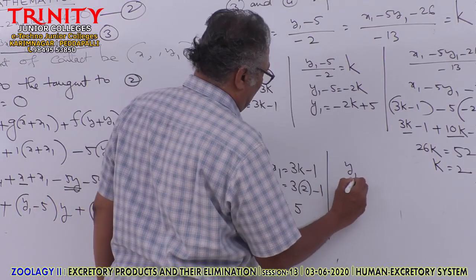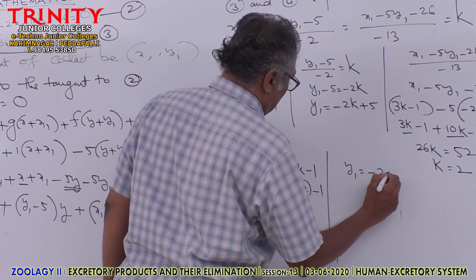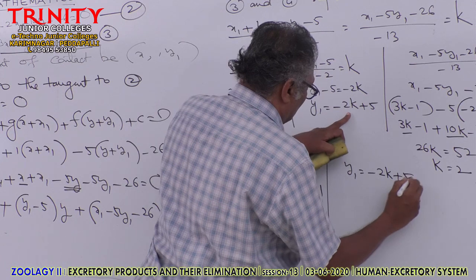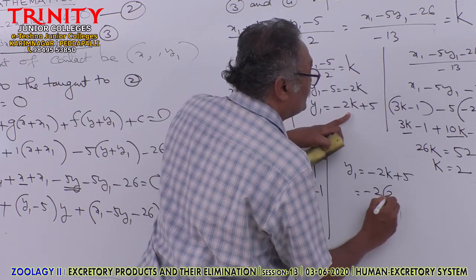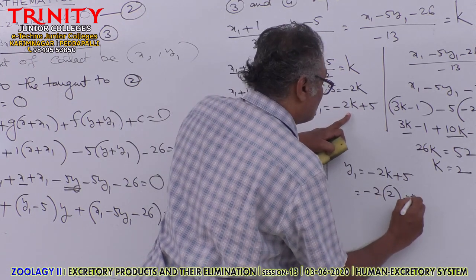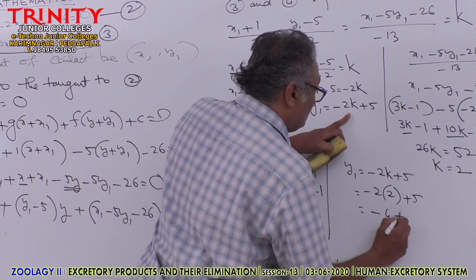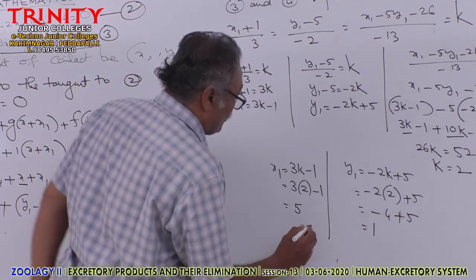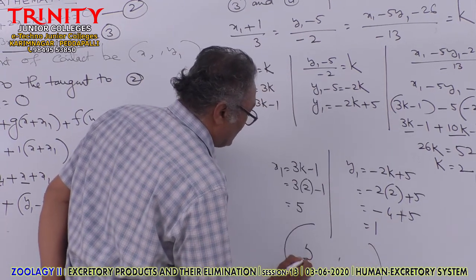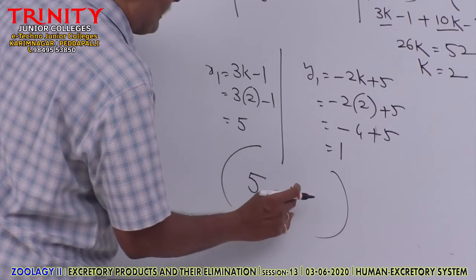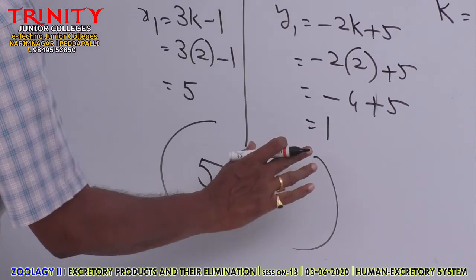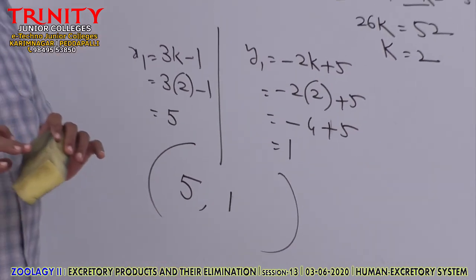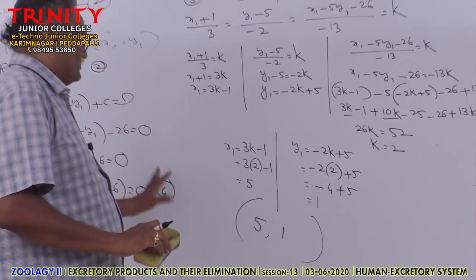Next, y1 = -2k + 5 = -2 times 2 plus 5, that is -4 + 5 = 1. Here the coordinates of the point of contact are (5, 1). That is the answer.